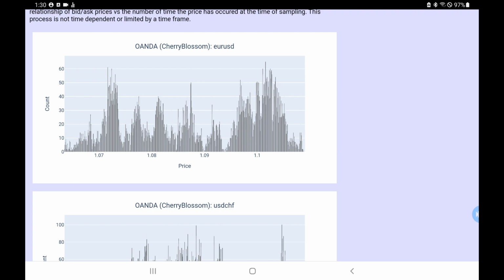This information really shows us where the market is, more so, really, than what the order book can. Because while the order book shows support and resistance at one level, this shows support and resistance by the actual number of times the price visited a given point.